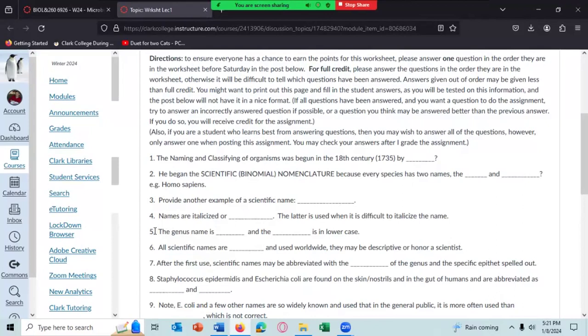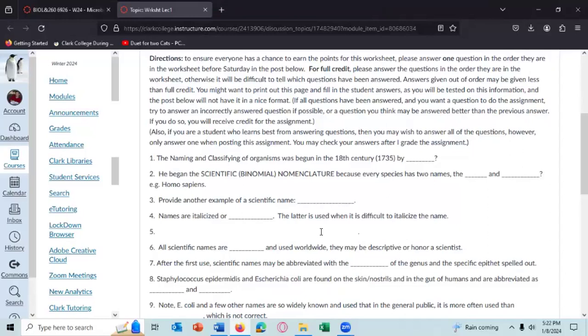And then you come back to it and you have question number 5, and then you can answer question number 5. Okay, so don't skip around because that makes it too difficult for students to figure out what question to answer. Answer the questions in the order they are in the worksheet. Any question about any of that?